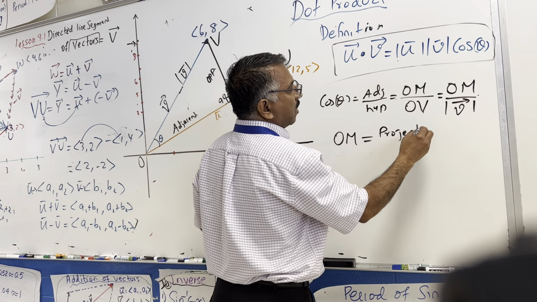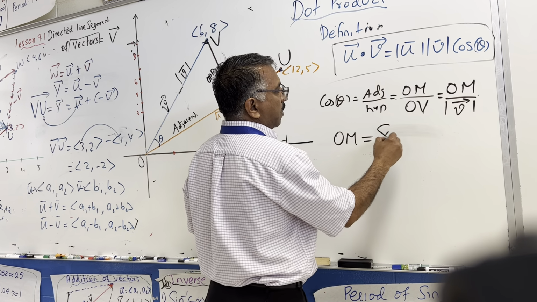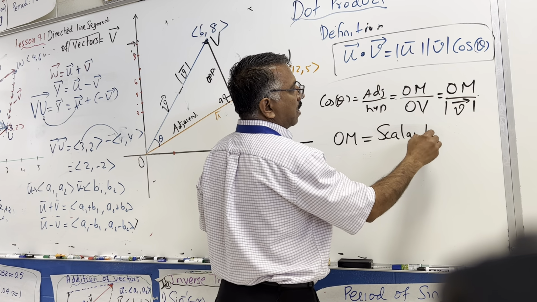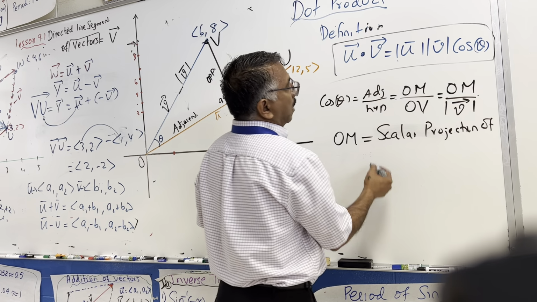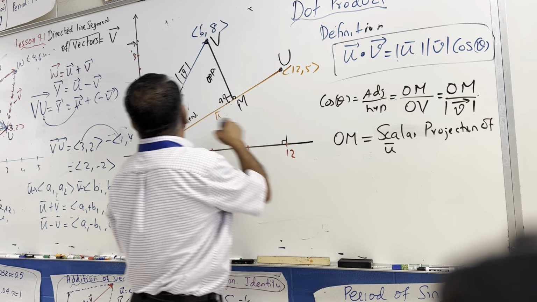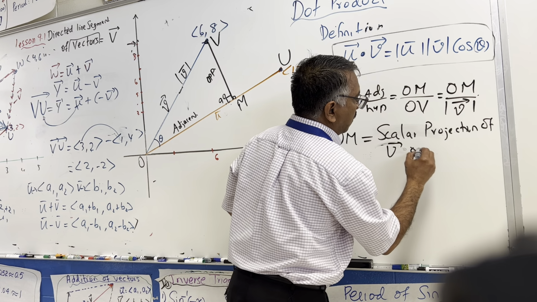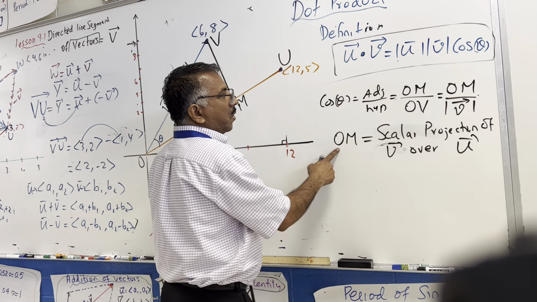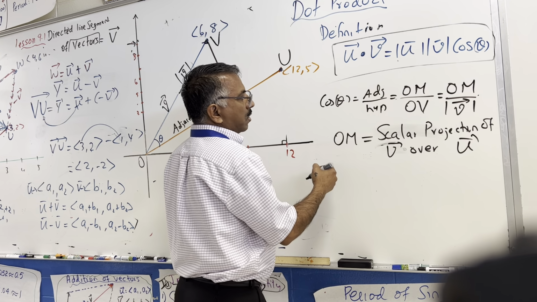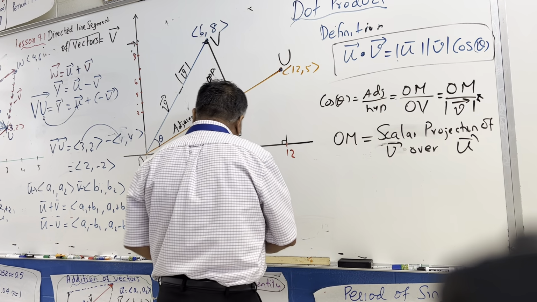it is the scalar projection. So I just want you to understand that it is a scalar projection of V bar over U bar. So OM is, multiplying both sides.